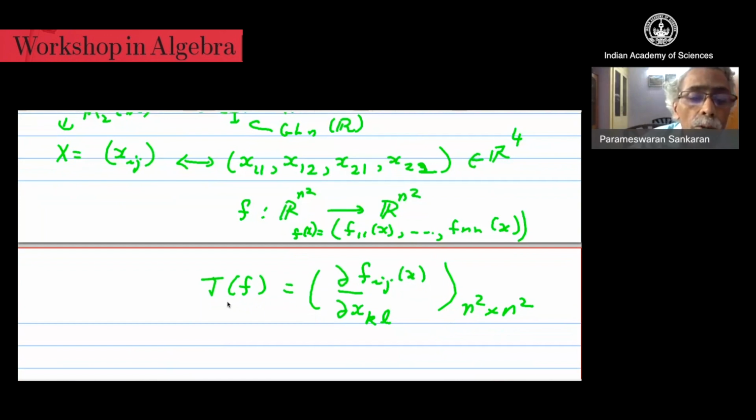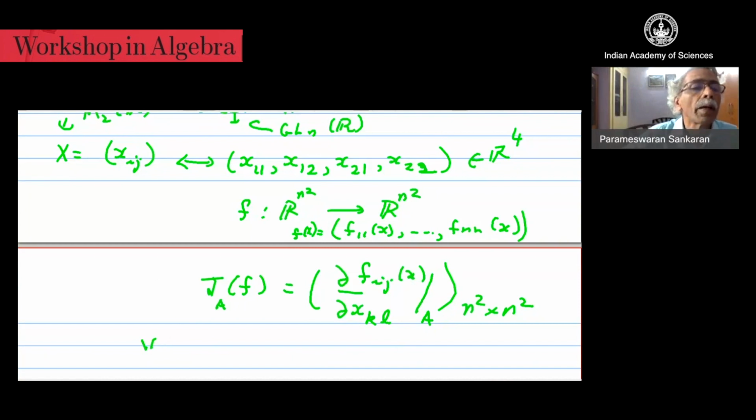If you stick in some other matrix, not necessarily the origin, this is the Jacobian. For some other matrix A, you have to evaluate it at A. After you compute this, you substitute the values of A. You will get some expression which involves x, that x is x_ij, and wherever you have x_ij, you substitute.